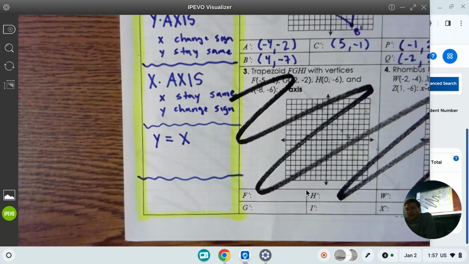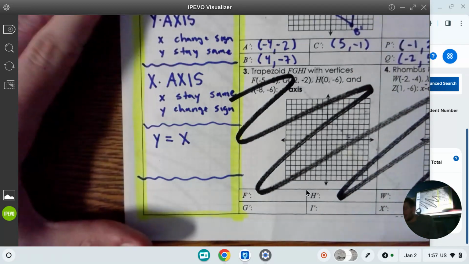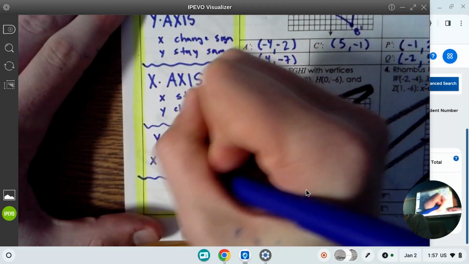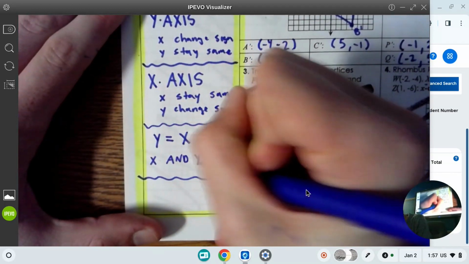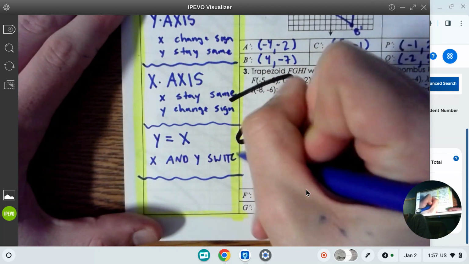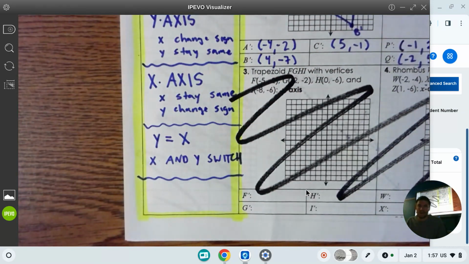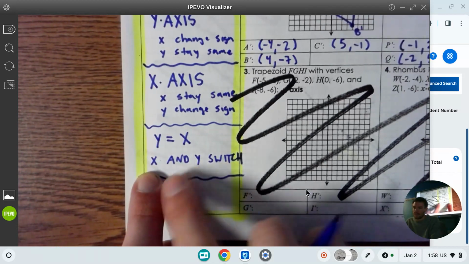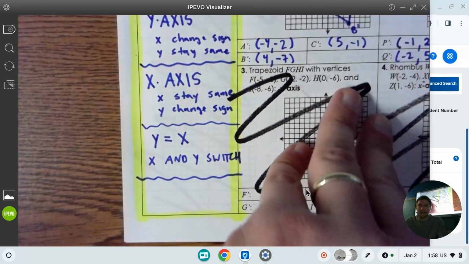The y equals the x. So what that means is x and y switch. Okay? The x equals the y. The y equals the x. They turn into each other. So everybody got this? Again, this is kind of nice here. I'd write this down. The x and the y switch.